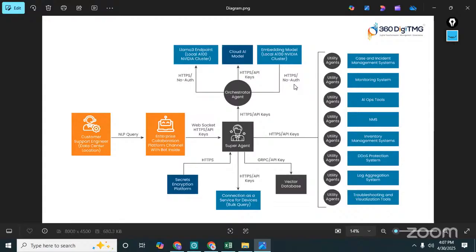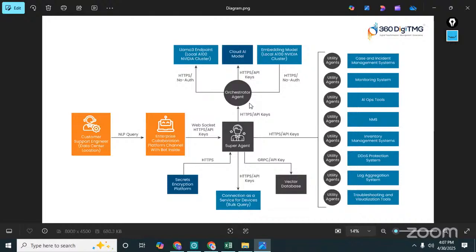Authentication, right? How does the orchestrator agent actually communicate with all these models, the cloud AI model or Llama 3 endpoint by NVIDIA or embedding models? It communicates using HTTPS or APIs, and it will support both API key and non-authorized modes depending on the security level that you require.